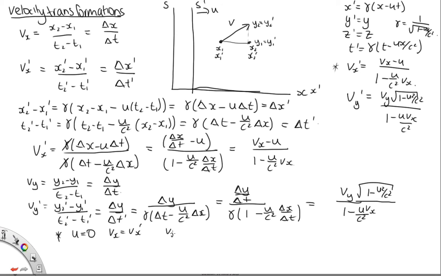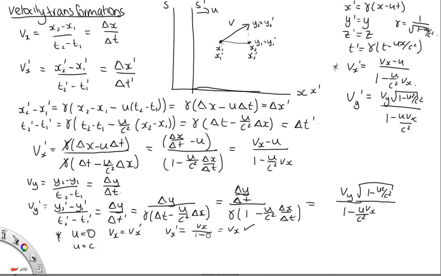We've got, in this case, Vx dash is equal to Vx minus 0, over 1 minus 0 times some stuff, so 1 minus 0, so that is equal to Vx, so that is correct.